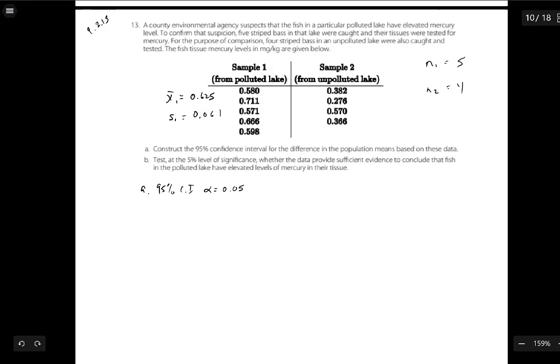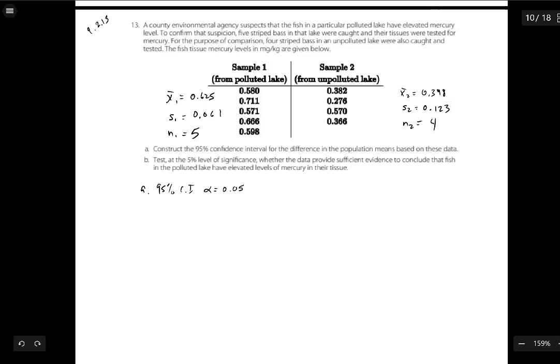I'm going to put the number of the sample over here so I can put this other information over there. My x bar 2, the average of this sample, is 0.398. That's quite a difference from x bar 1. S2 is going to be 0.123, and the number in my second sample is 4.